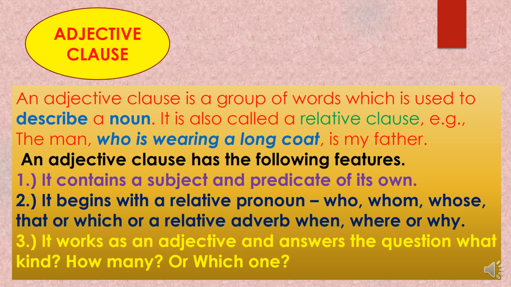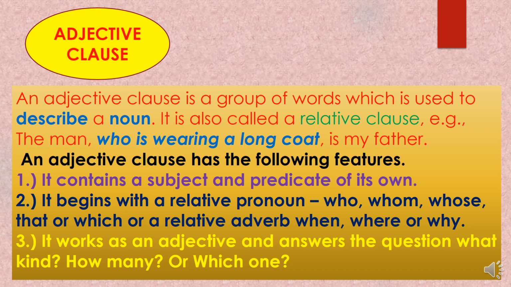So you have to keep in mind the second point, that the condition for an adjective clause is that it will use a relative pronoun like who, whom, whose, or a relative adverb when, where, or why, for time, degree, and manner. So it will be an adjective clause. Third point, it works as an adjective and answers the question what kind, how many, or which one.